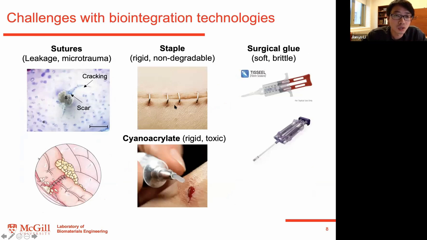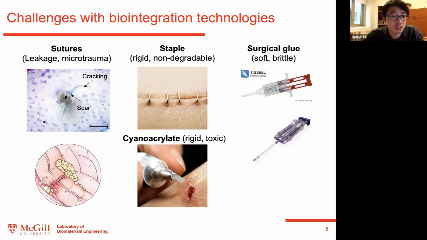Okay, so further context about the challenge of biointegration is highlighted here. As you can appreciate, the suturing procedure works, but it's not perfect, right? It's mainly point-wise integration between the tissues. In that case, you're using a stiff material that can cause scar formation and local inflammation inside the tissue.